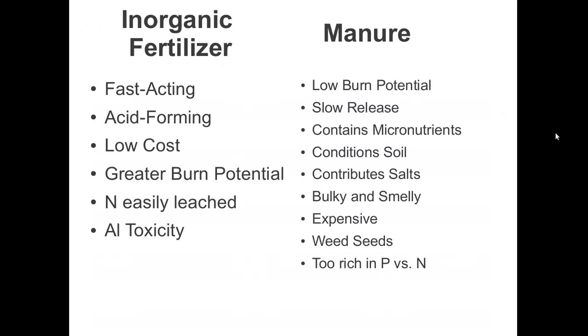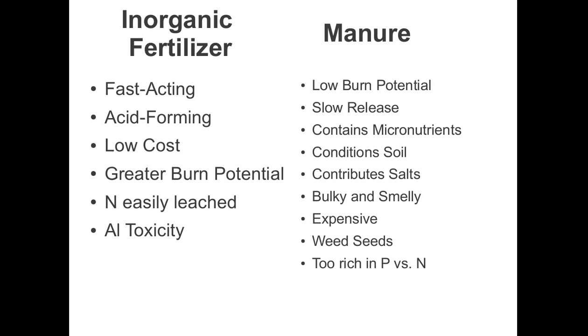So let me just explain a little bit about the differences in fertilization. Inorganic fertilizer is really fast acting. You put it on there, it starts feeding plants right away. But it's also acid forming, so it contains acidic compounds that acidify the soil. It's cheap. There's greater burn potential.